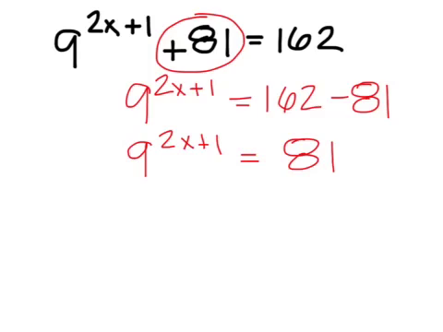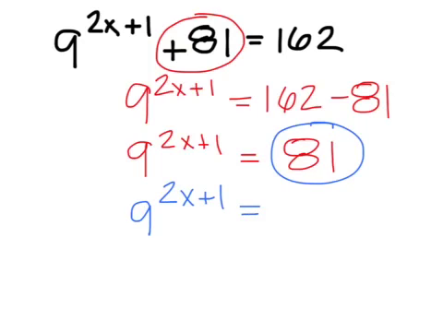Since we already did the log of both sides in the last example, I'll change the base here. What's another way of writing 81 as a power of 9? 9 squared, yeah. So you could have 9 to the 2x plus 1 power equals 9 squared.